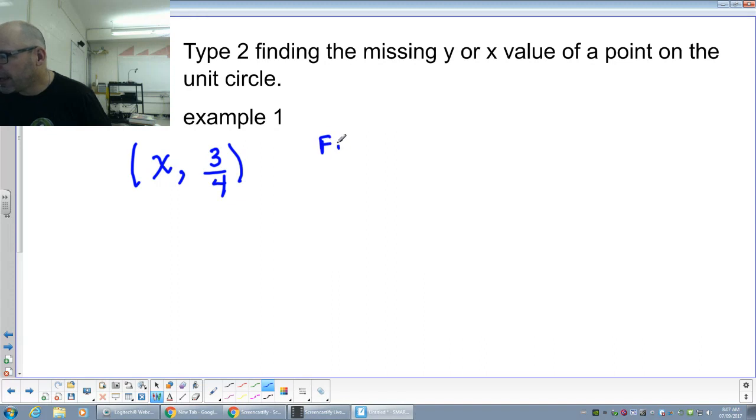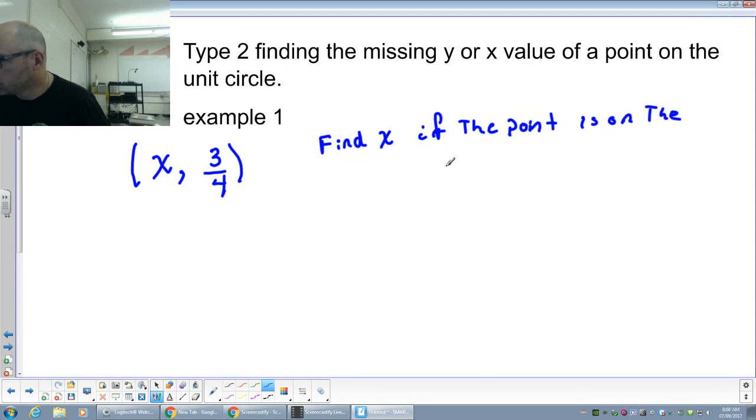Find x if the point is on the unit circle.